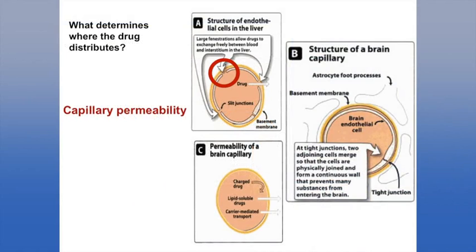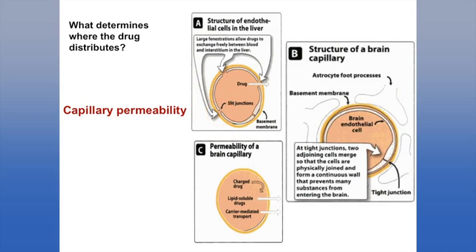Fenestrations along this capillary membrane allow transport of water-soluble molecules, hydrophilic molecules, small molecules, including drugs, across that membrane. In addition to that, there is this concept of slit junctions, which are shown right here. These also allow the transport of drugs, molecules, across the basement membrane into the intracellular fluid, which is where many of these drugs have their primary effect.